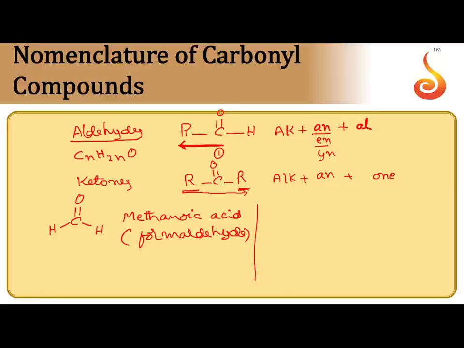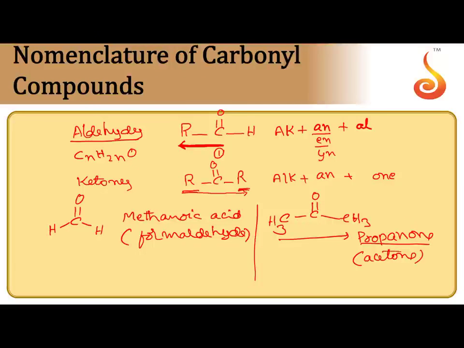Coming to the smallest member of the ketones family, CH3COCH3. IUPAC name prop, primary suffix is ane, E of the ane is replaced with one. Propanone, common name is acetone or dimethyl ketone. Methyls are there on both the sides with respect to keto group. That's why dimethyl ketone.